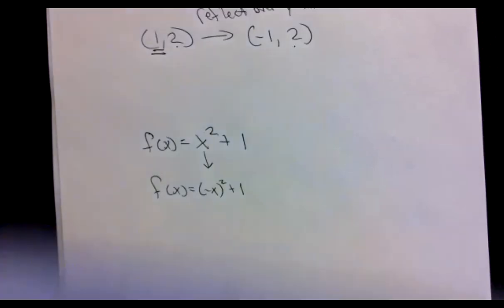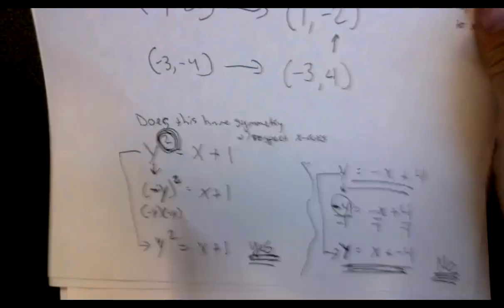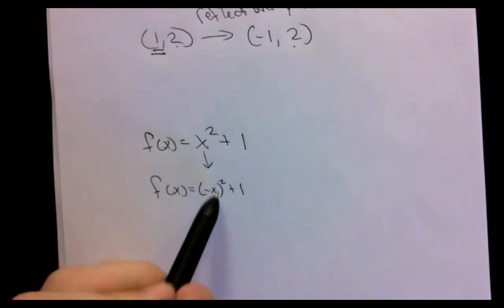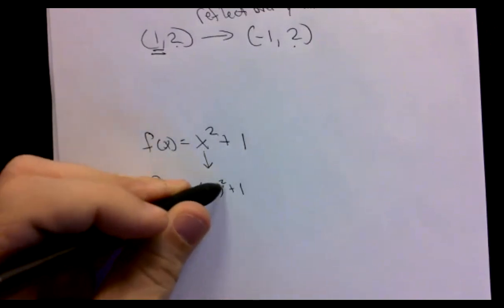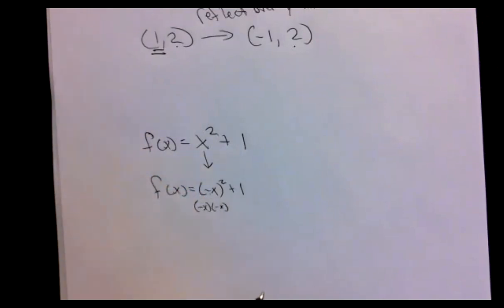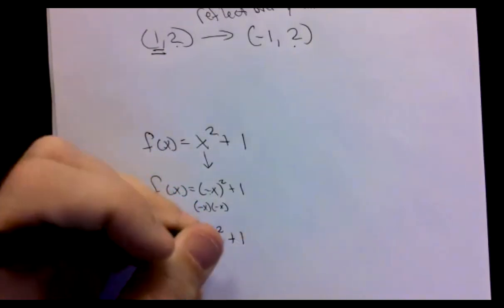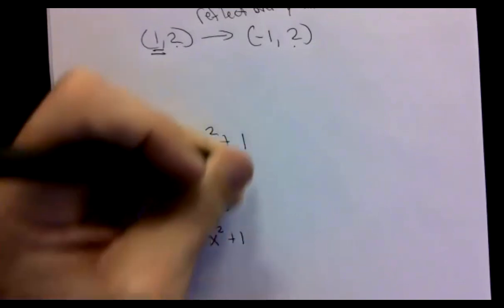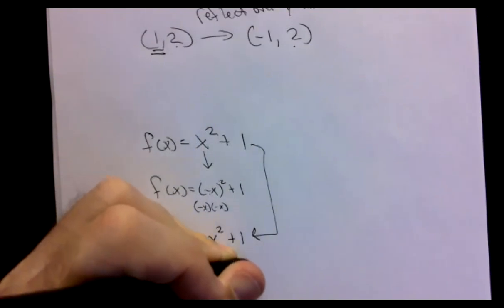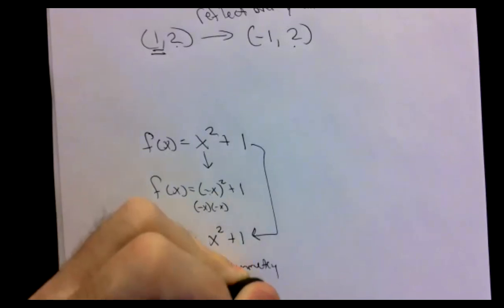Symmetry with respect to x was all about changing the y to a negative. Symmetry with respect to y, it's all about changing the x to a negative. And again, negative x squared means negative x times negative x, which will give me a positive x squared plus 1. So I end up with the exact same function. Nothing changed. So yes, this has symmetry with respect to y.